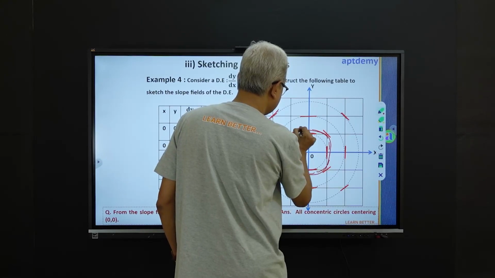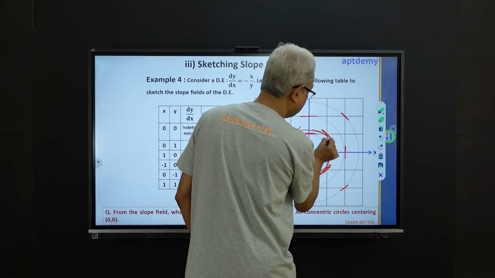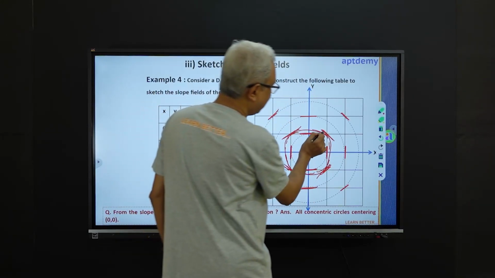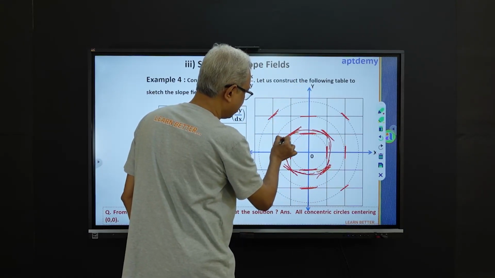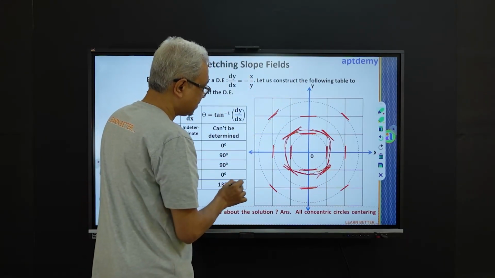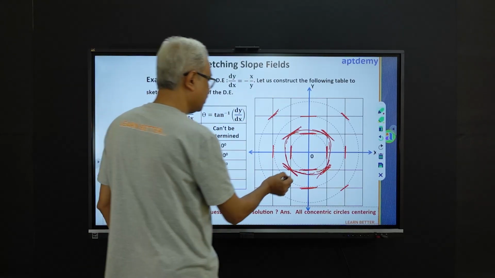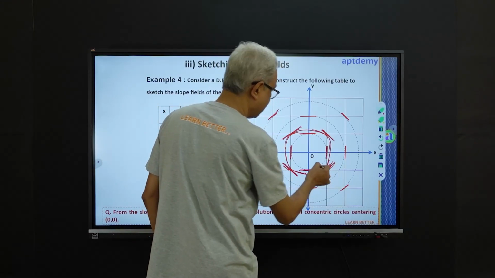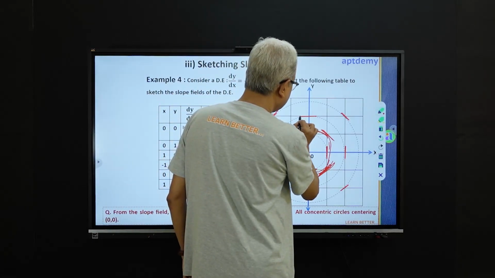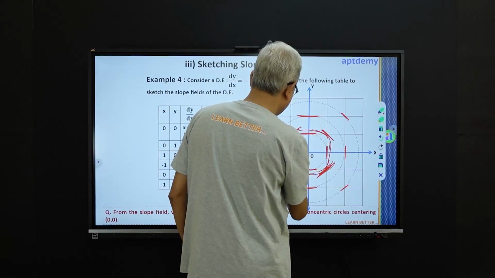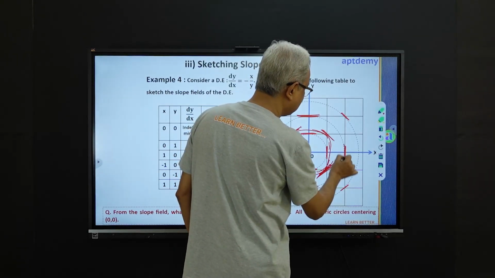So here this is the tangent, here this is the tangent, here this is the tangent, and here it is making 135 degrees with the positive x-axis, here the tangent is making 45 degrees with the x-axis, here 135 degrees, here 45 degrees. So here this is another circle maybe, and this is the tangent here, and here.